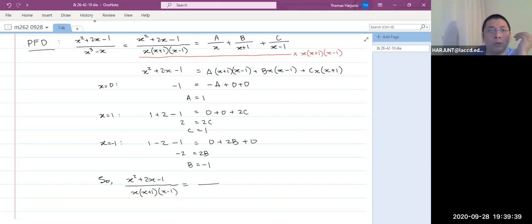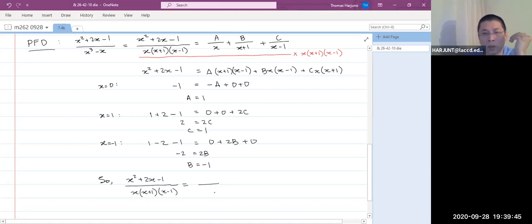Now make sure you match this though, the a for x, b for x plus 1, and c for x minus 1. Okay, so the a is 1 over x, the b is negative 1 over x plus 1, and the c is 1 over x minus 1.